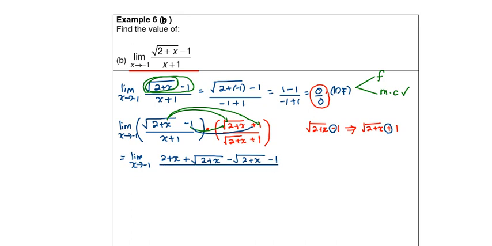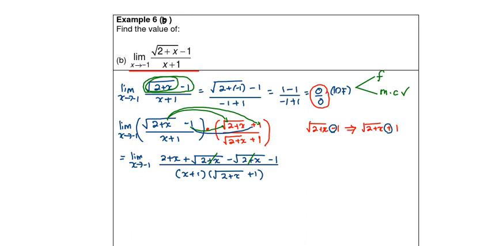For the denominator, we don't expand because we can simplify numerator and denominator. x plus 1 times square root 2 plus x plus 1. And we can simplify square root 2 plus x minus square root 2 plus x.